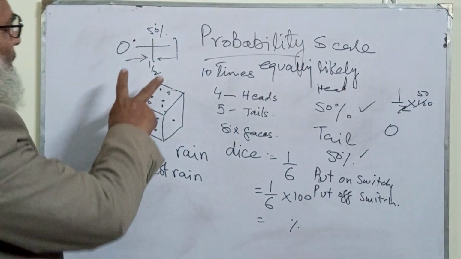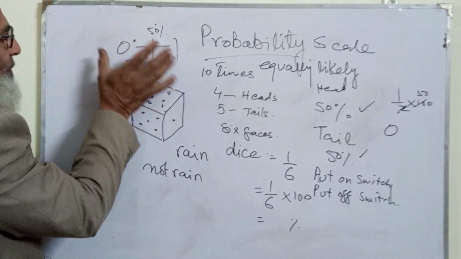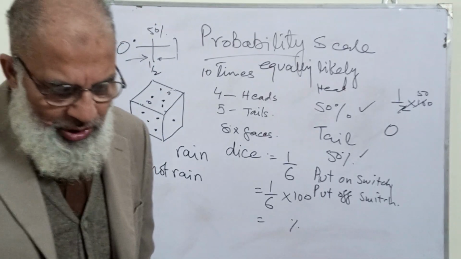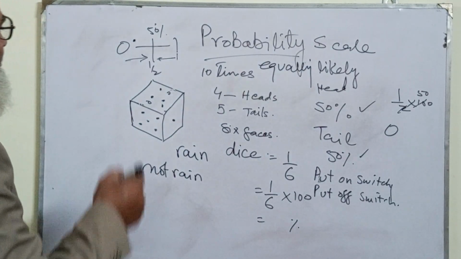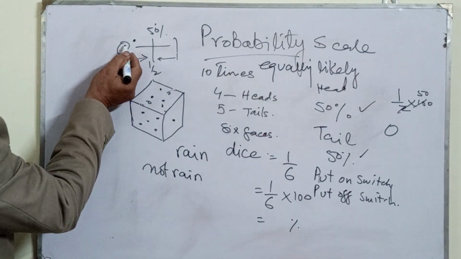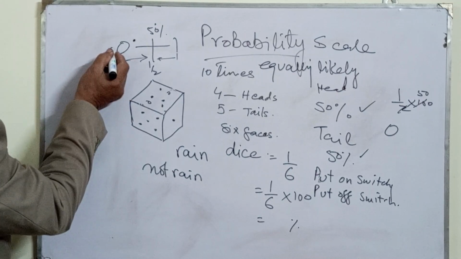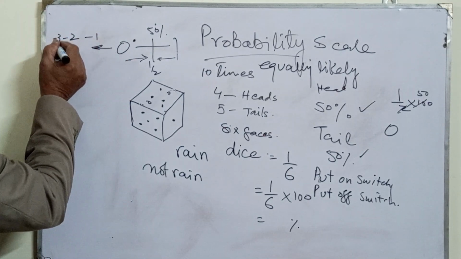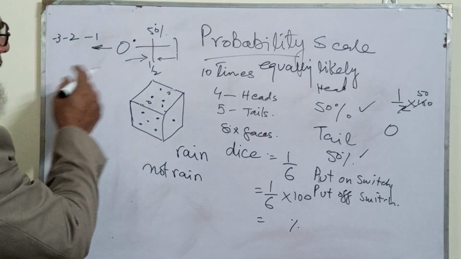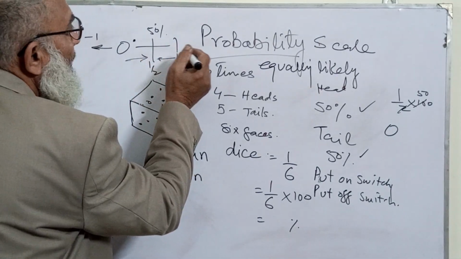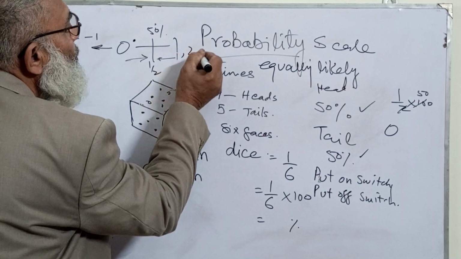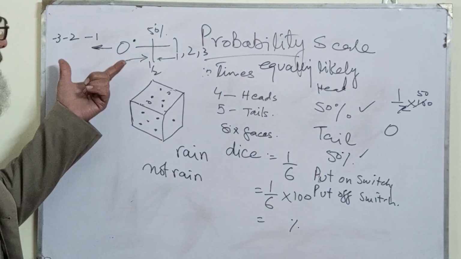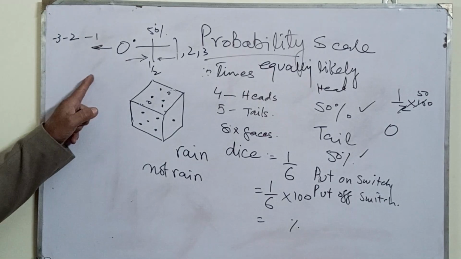This is the probability scale, and probability always lies between 0 and 1. Probability cannot come below 0. Below 0 is -1, -2 or -3, and so on, and above 1 it is 2, 3, 4.